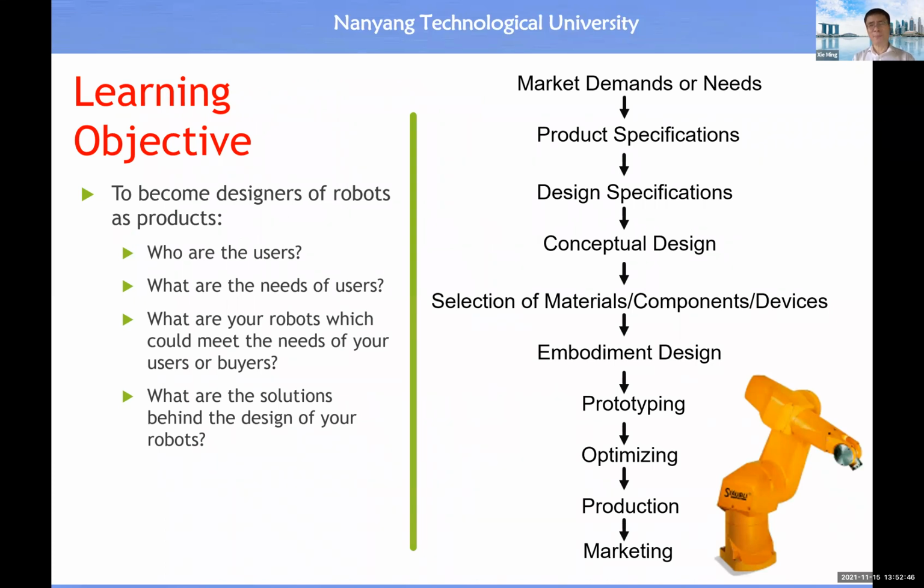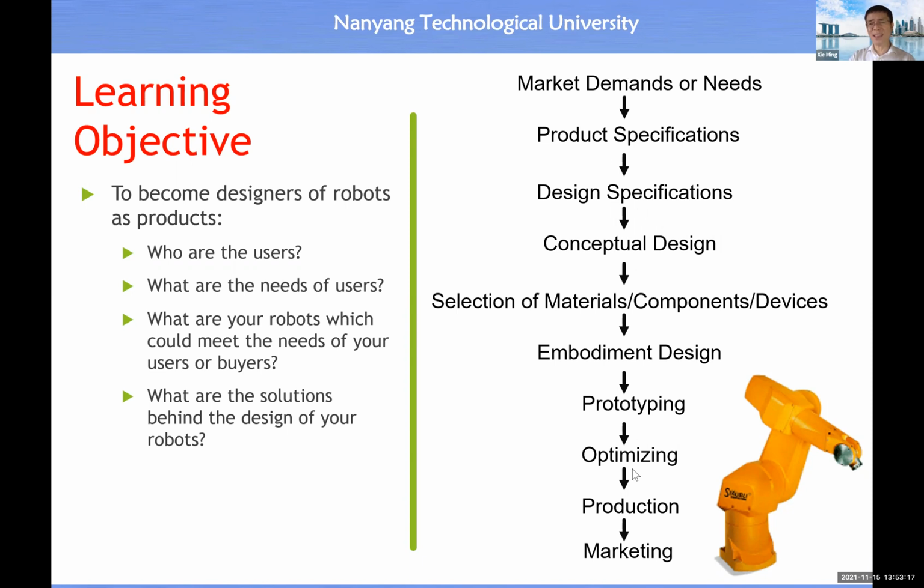And with the keyword designer in mind, on the right-hand side I give you this flow of thinking as a designer of any product, okay? The first question a designer may ask will be, who are the users? The second question will be, what are the needs or demands from the users, okay?